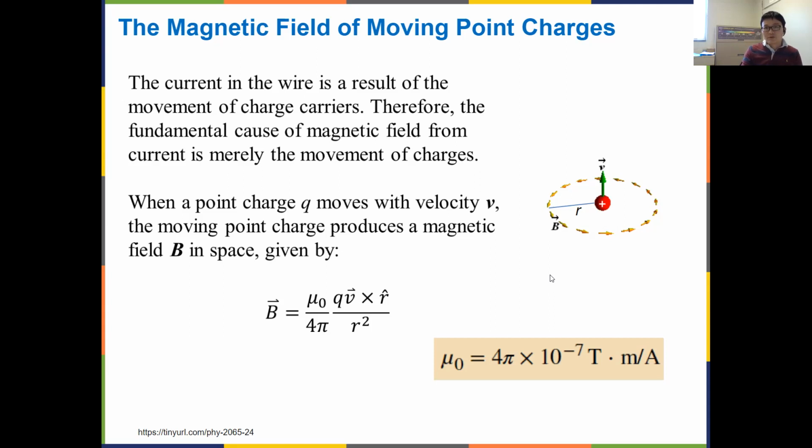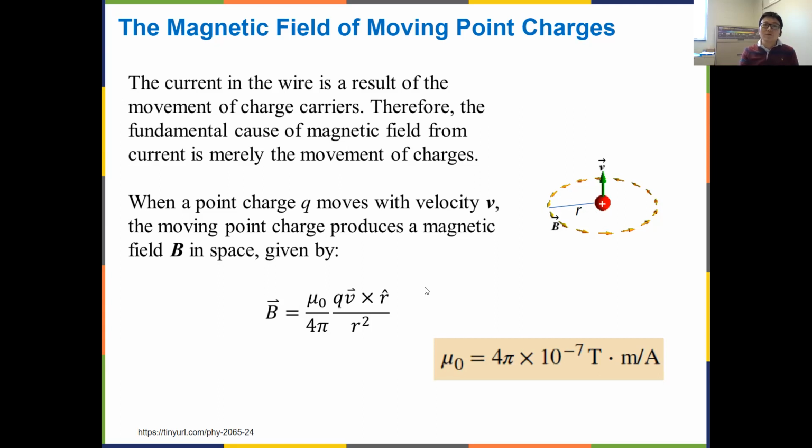that sense. So the magnetic field produced by an individual charge that's moving with the velocity v, at distance r away from the charge, the B field is equal to, according to this equation, mu naught divided by 4 pi times q, the charge of the charged particle, times v, the velocity, cross product with the unit vector r, which is in this direction from the source charge to your point of interest, divided by r squared, the distance from the point of interest to your source.